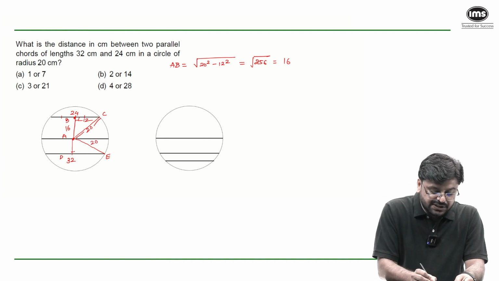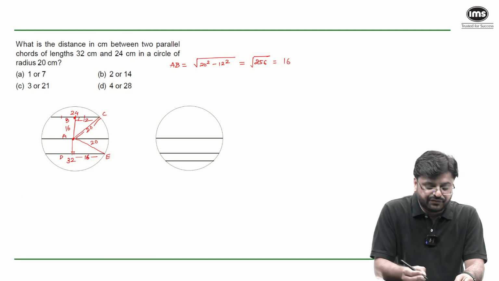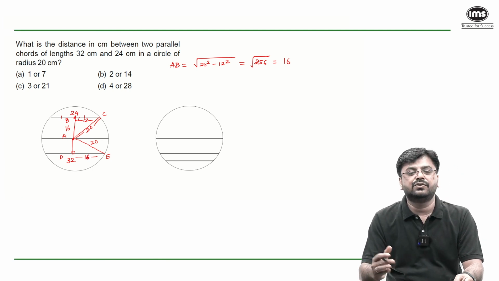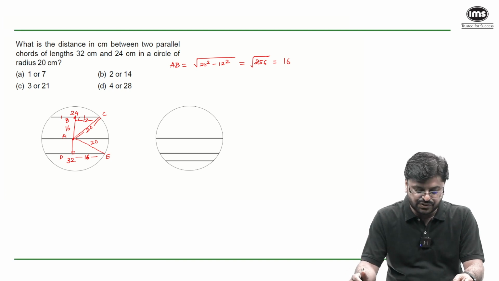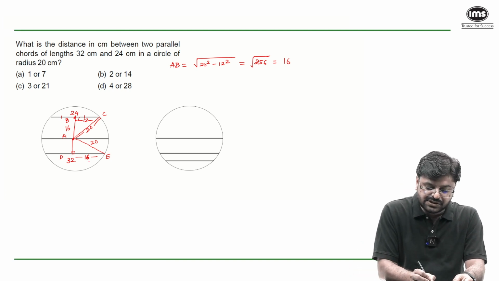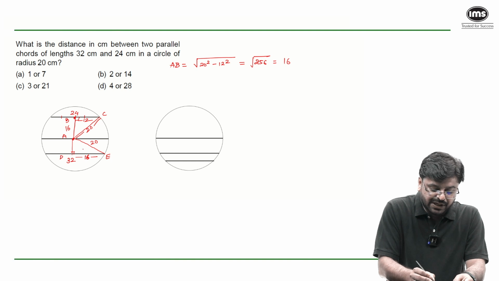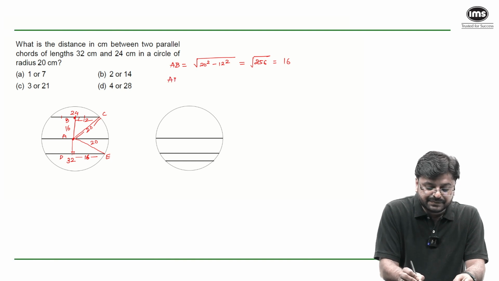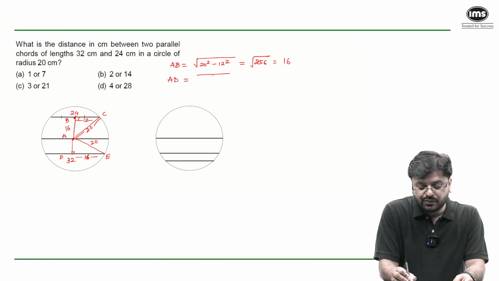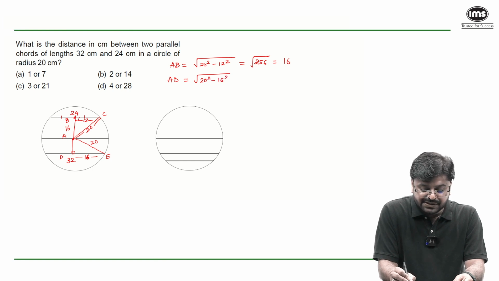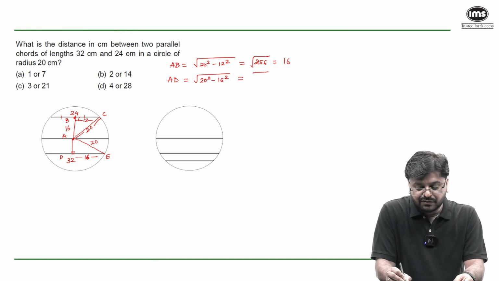This is perpendicular and will be 16, because if you join the midpoint of the chord to the center of the circle, it is perpendicular, or vice versa. Now we need to calculate AD. AD is under root 20 square minus 16 square, which is under root 144, or 12.